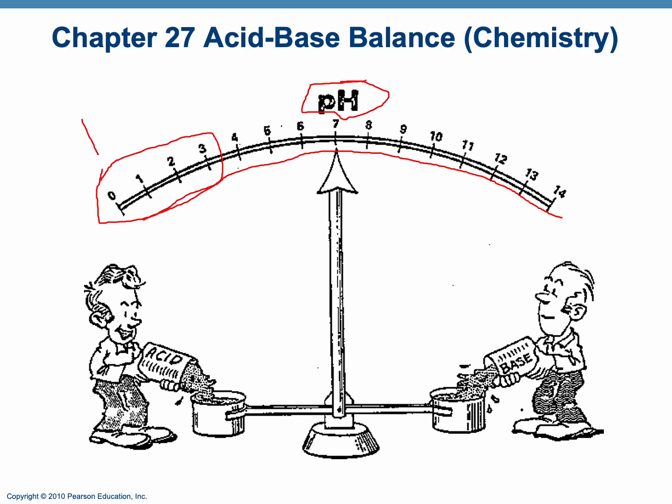And if you have something maybe 8 to 11, we would have what's known as a weak base. In contrast to something very high on the pH scale, where we have a strong base.